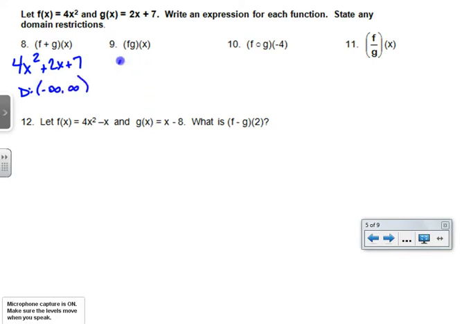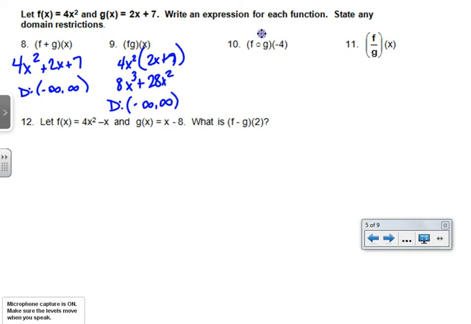Now f times g, we're going to have to do a little bit of simplifying because you can definitely multiply these terms together when you distribute the 4x squared. So we end up with 8x to the third plus 28x squared, and this time we have a cubic polynomial, which means there are also no domain restrictions, so it's negative infinity to infinity.